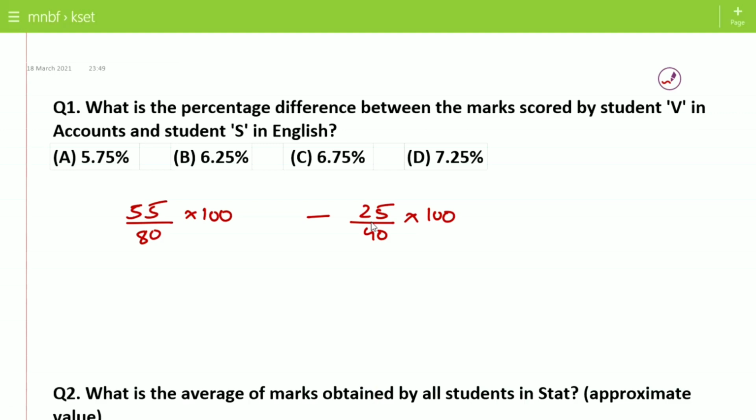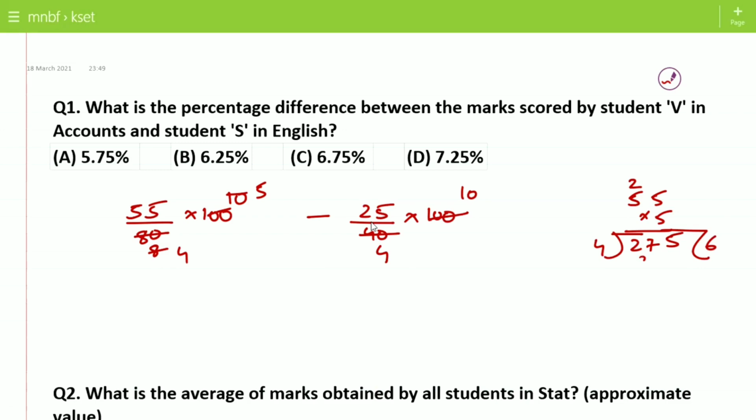So the difference between these is, a very easy way of calculation is, first you have to go with the 10 table, 10 4s are 40, 10 10s are 100. Then we can go with the 2 table, 2 4s are 8, 2 5s are 10. So 55 into 5 is 5 5s are 25, carry 2, 5 5s are 25 plus 2 27, 275 divided by 4.